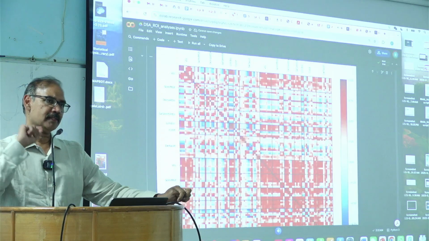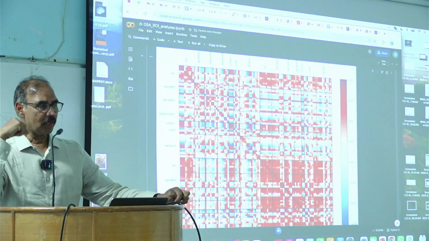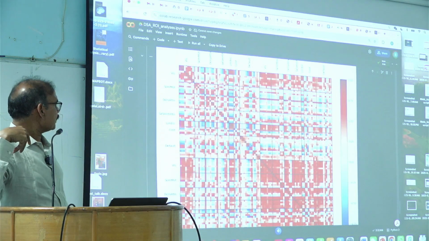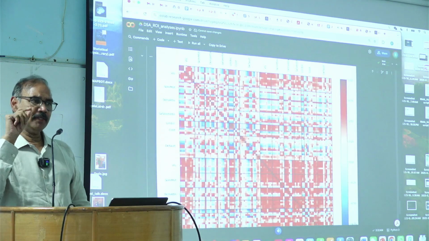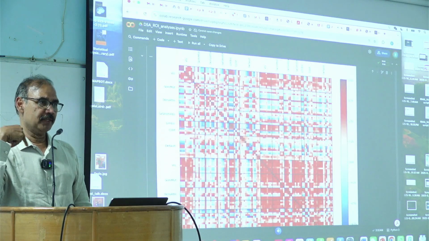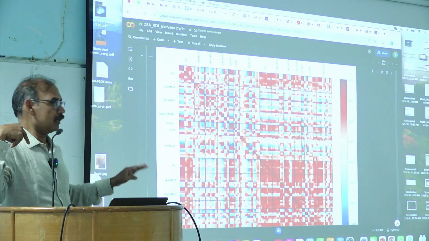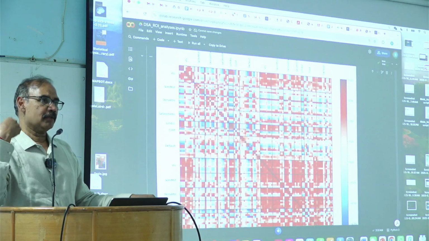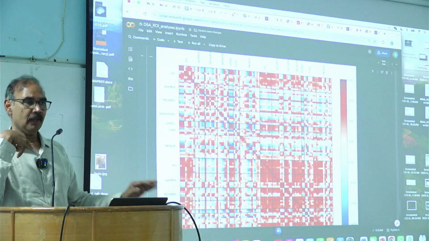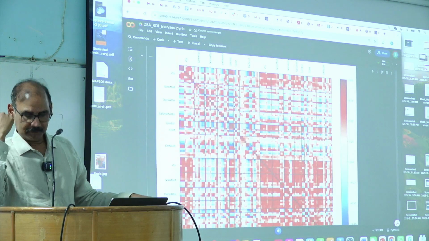Or you can take a seed-based analysis from one region and correlate with all other regions. Here what is done is every region is taken and correlated with every other region, right? So, and this is done for all the regions. So can anyone explain what is the similarity between seed-based analysis and this one?